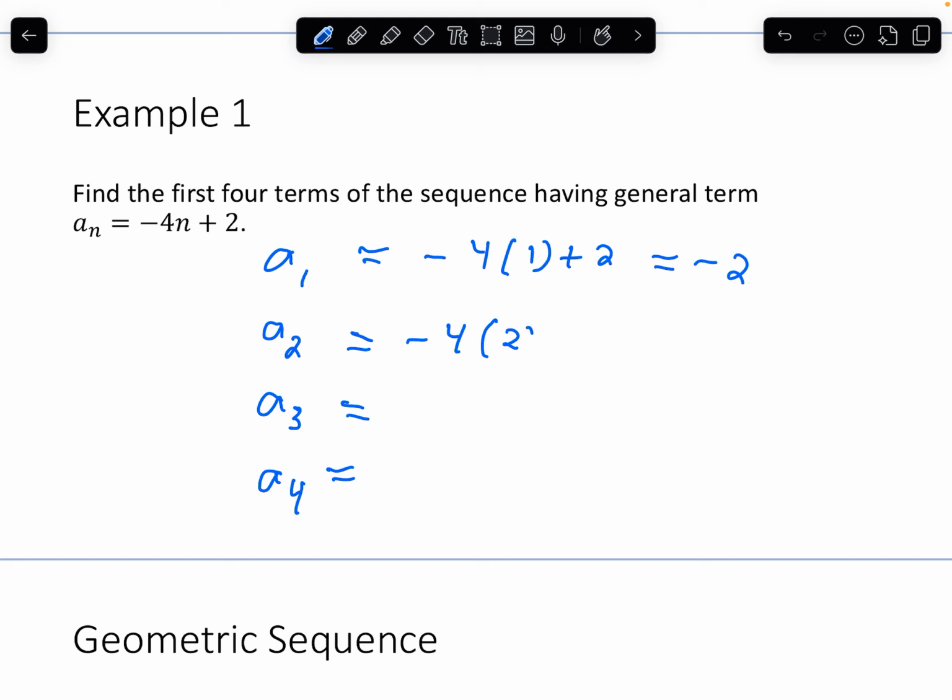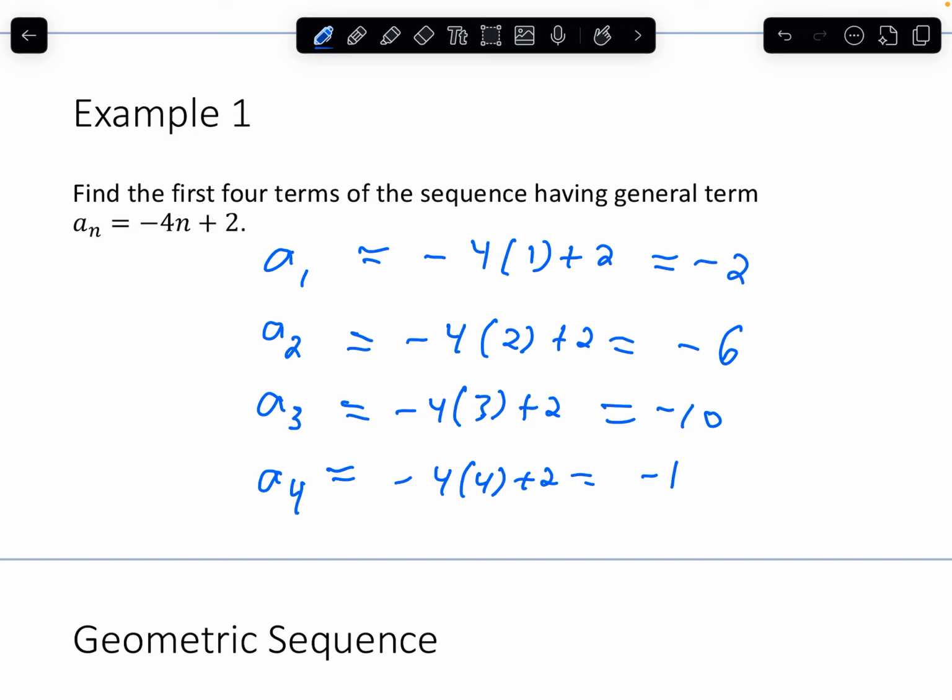Negative 4 times 2 plus 2, so negative 8 plus 2, or negative 6. Negative 4 times 3 plus 2, so negative 12 plus 2, this is negative 10. And negative 4 times 4 plus 2, so negative 16 plus 2, negative 14.